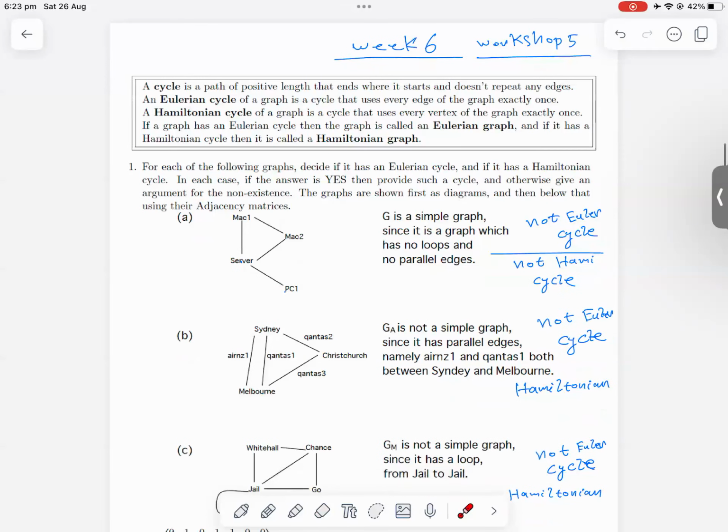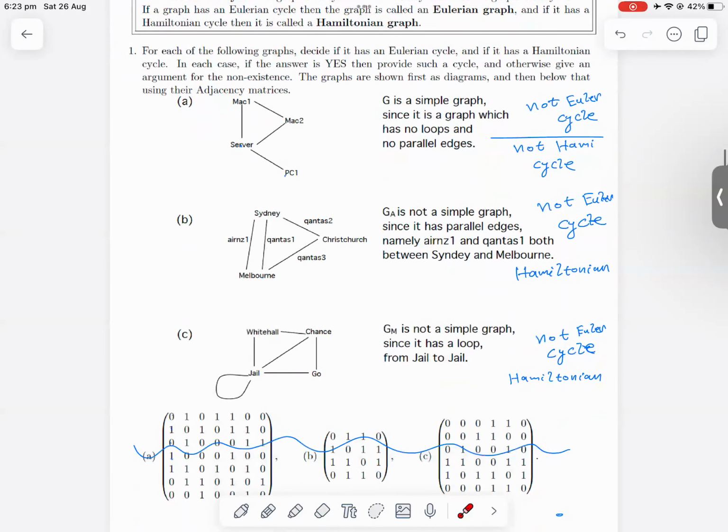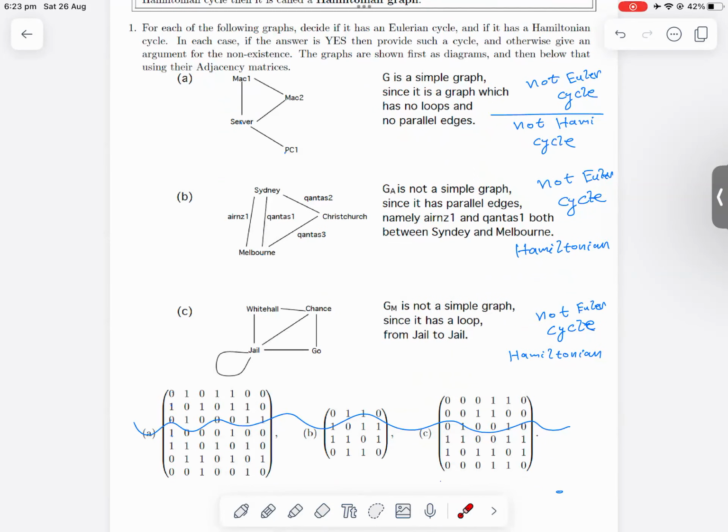Now, for the second one, we see that obviously it's not a Eulerian cycle because this degree is 3. For the Hamiltonian cycle, we see that this is just Hamiltonian and it is easy to see. And this guy here, the degree of this one is 3, so it's not a Eulerian cycle.